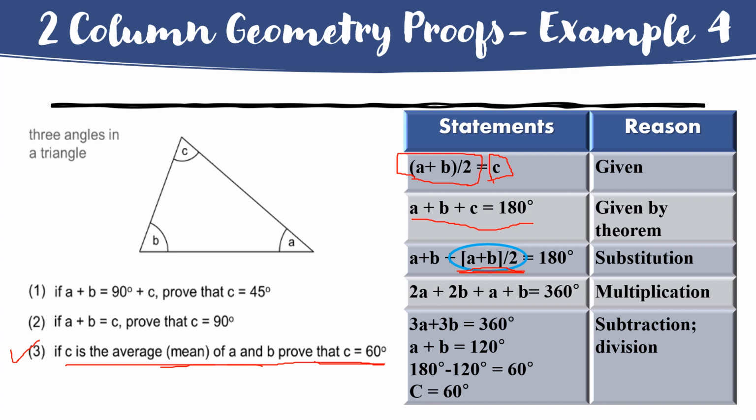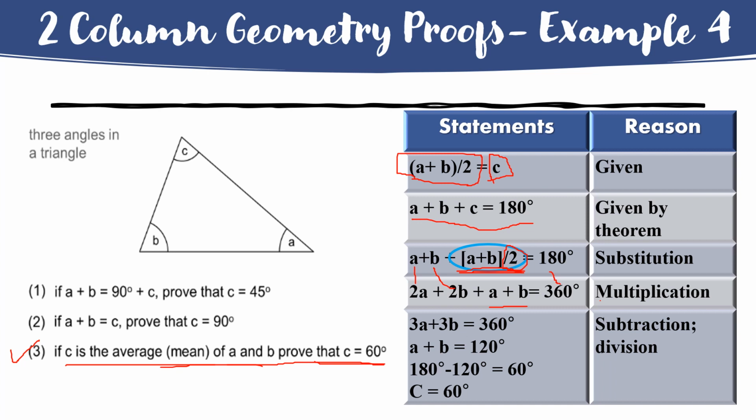After we substitute, we have to multiply everything by 2 to get rid of this 2. So 2 times the A gave us 2A, 2 times the B gave us 2B, 2 times this fraction gave us A plus B, and 2 times 180 gave us 360.